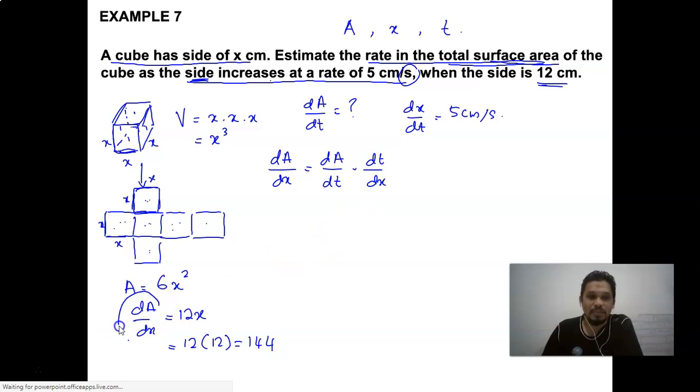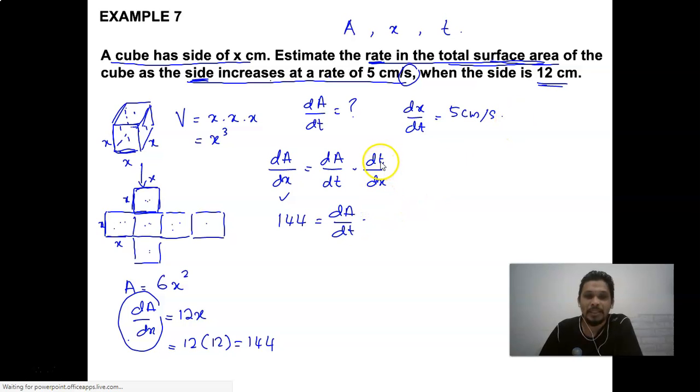Now we substitute dA/dx into this equation, 144, and the question said estimate the rate of surface. Surface is A, okay. Rate means the change with respect to time, then dA/dt.